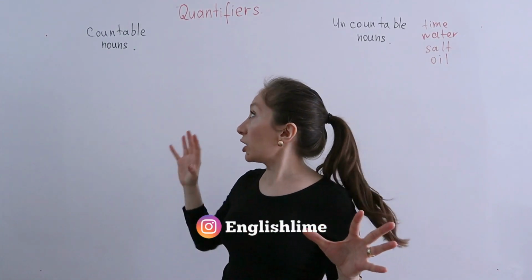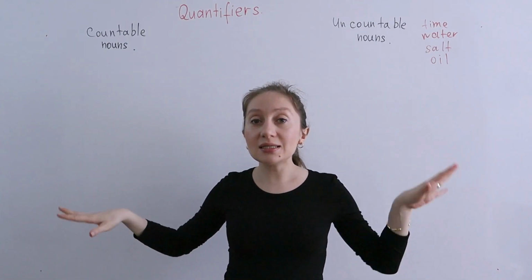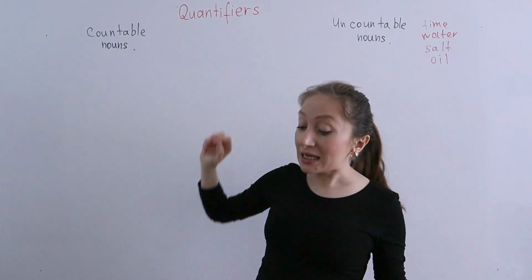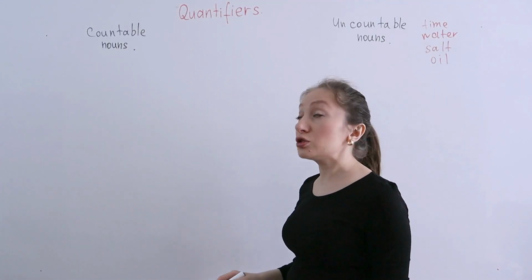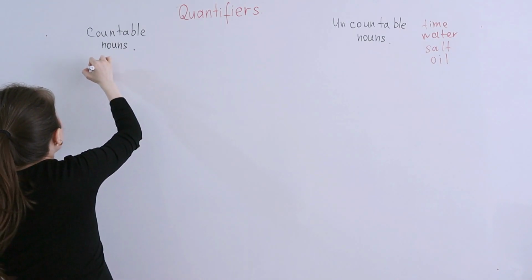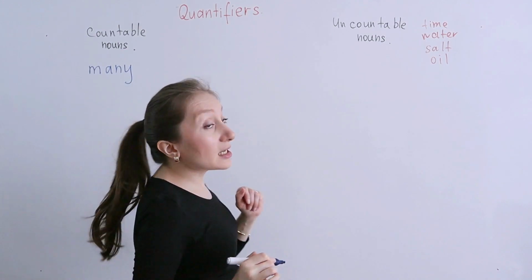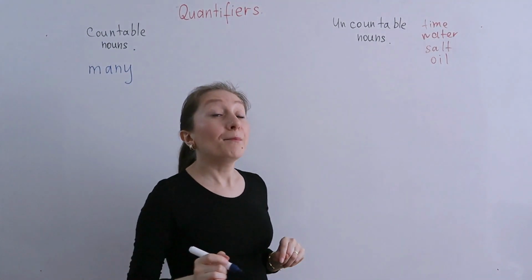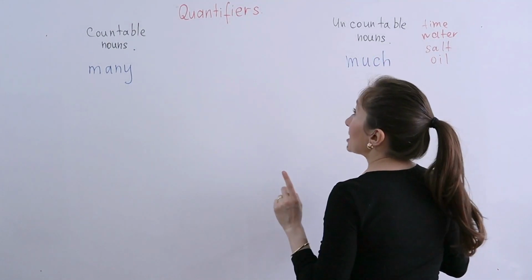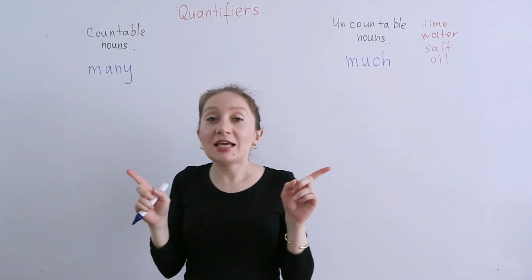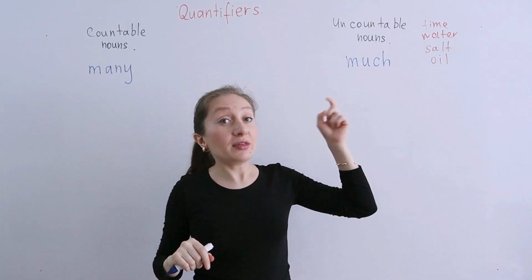So now we know that we have countable and uncountable nouns. So according to these nouns, quantifiers differ. So for example, with countable nouns we use quantifier many, and with uncountable nouns we use much. But there are some other quantifiers that can be used in both sides, with countable and with uncountable.